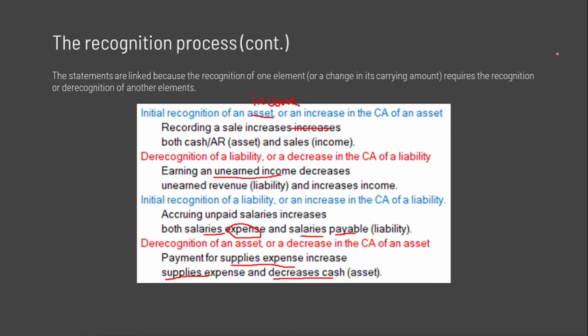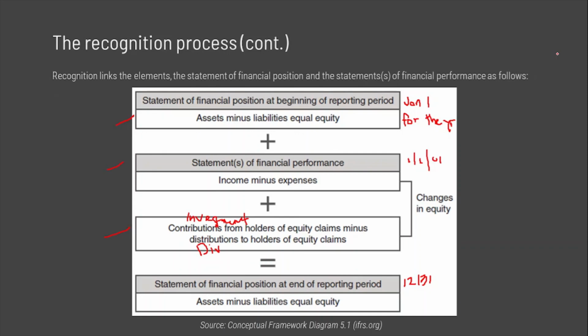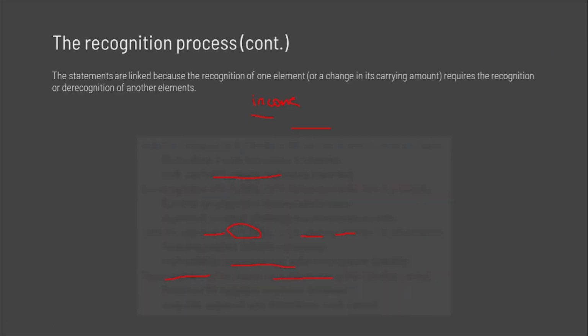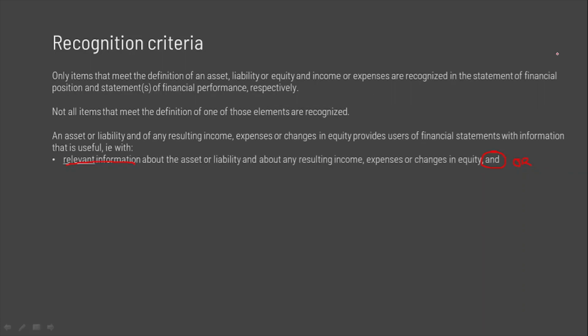you must first determine if it needs to be recognized or not. So take note of the recognition criteria. Again, what is your recognition criteria? First, it meets the definition of an asset, liability, equity, income, or expense, and recognizing it would provide useful information, which should be relevant and faithfully represented information.